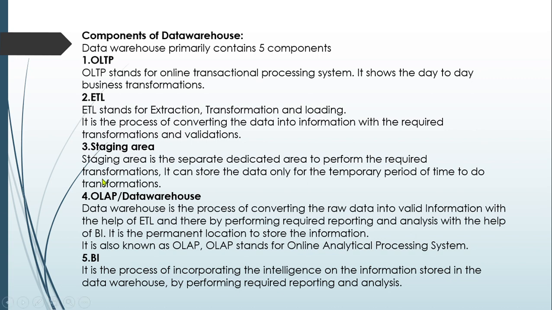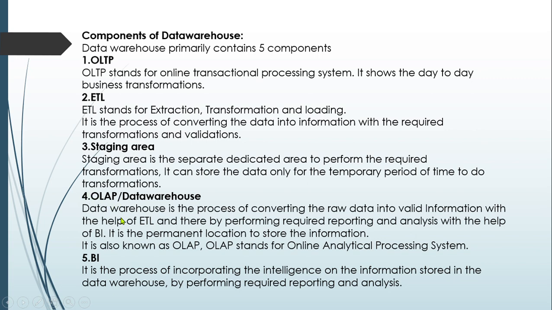The staging area is the dedicated area where we will do all the transformations. It is a temporary area. After doing the transformation, we'll load that structured data into the data warehouse. That is called OLAP.